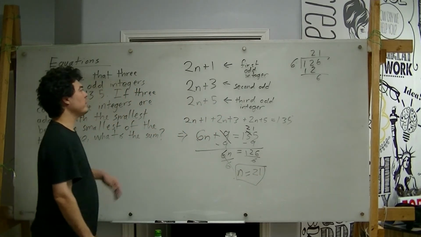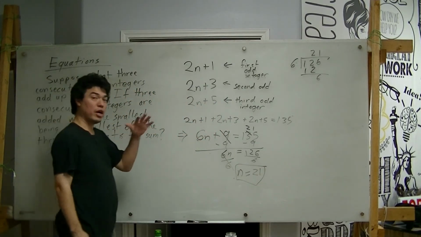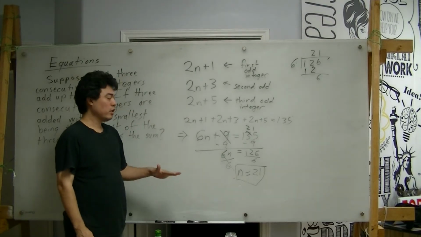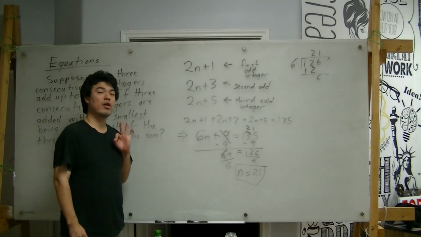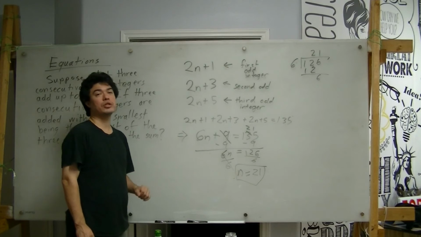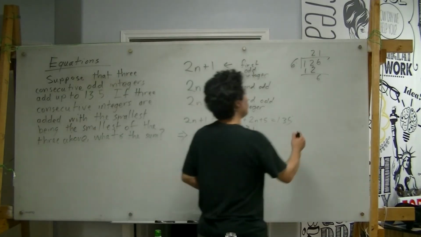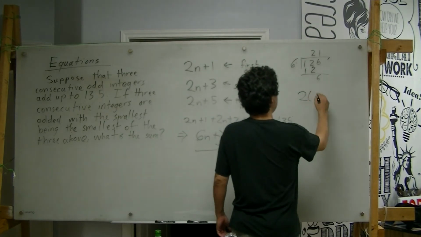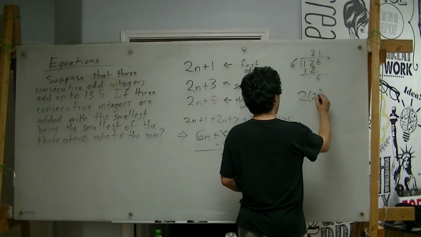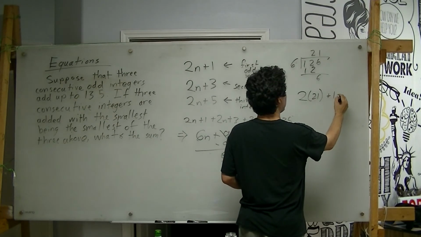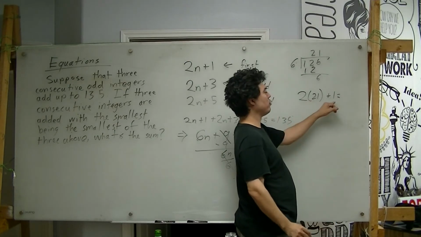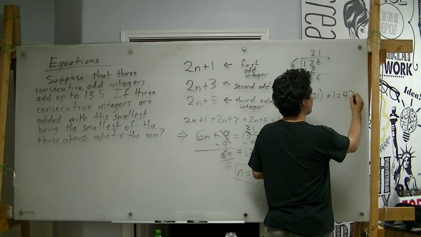So now notice what we got here. What we got here is n. So this is not even our smallest odd integer. We now have to plug it in here. 2 times our 21 plus 1 gives us 42 plus 1, which is 43.